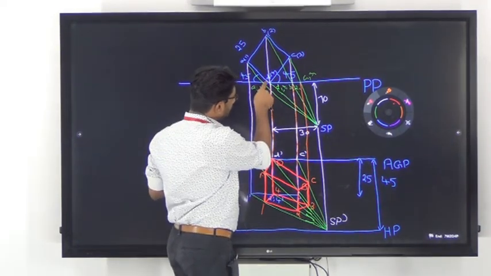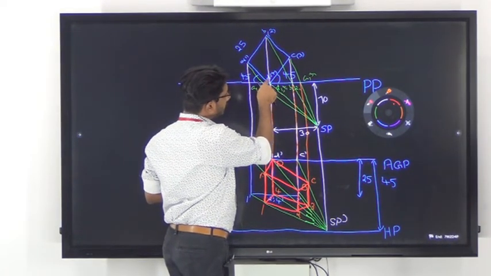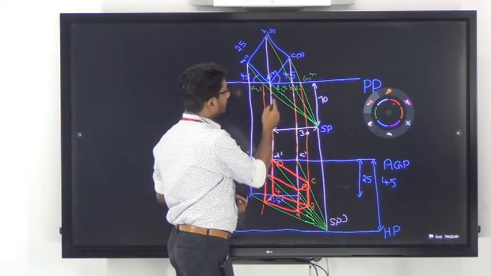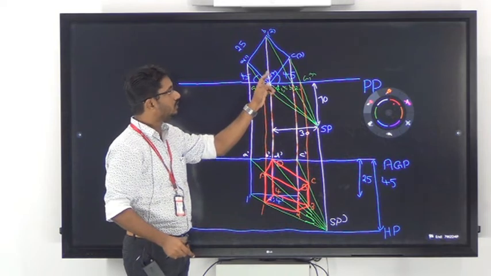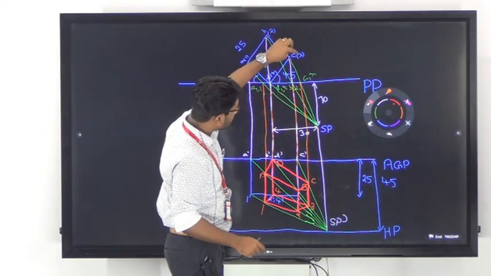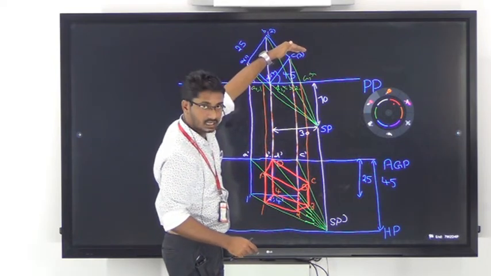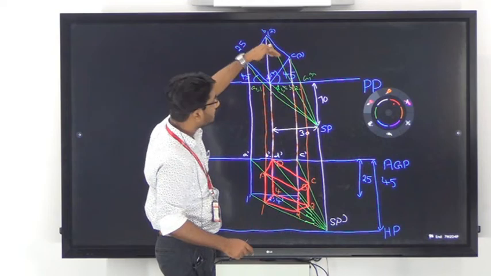Similarly, the line joining the points D and 4 with the station point is also not touching any other points on the top view, so those 2 points will also be visible. Similarly, points C and 3 will also be visible since the line joining them with the station point is not touching any other points on the object.